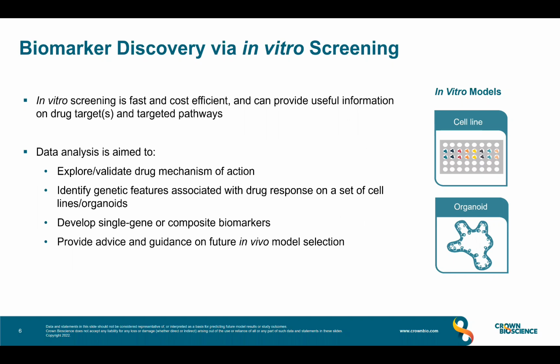The biomarker discovery via in vitro screening is aimed to explore or validate drug mechanism of action, identify genetic features associated with drug response on a set of cell lines or organoids, develop useful single gene or composite biomarkers, and eventually provide advice and guidance on future in vivo model selection.